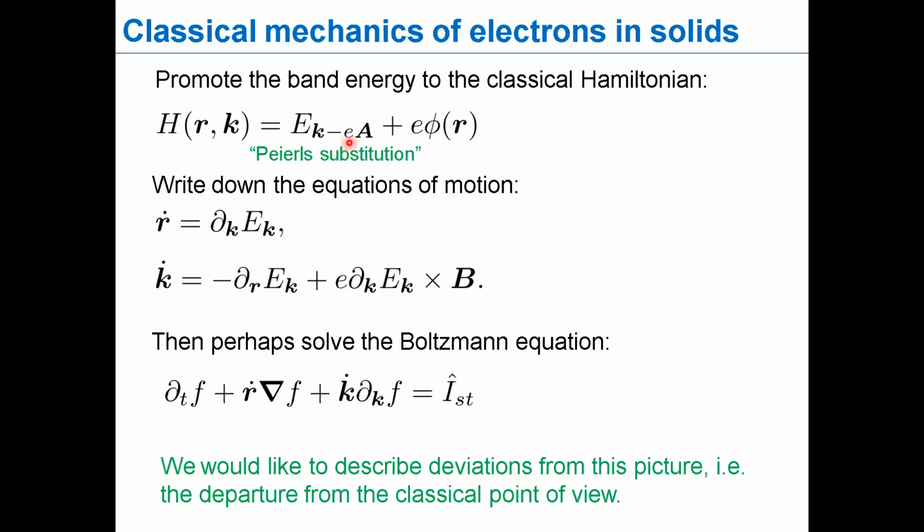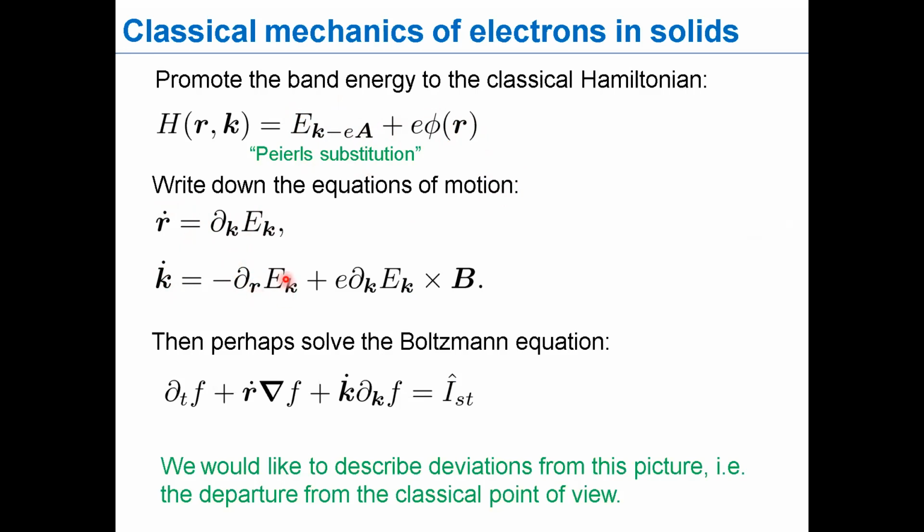Then, in the presence of electromagnetic field, we just use minimal substitution in the energy of the electron. We add scalar potential, and we can essentially write down the equations of motion for such an electron, right? So obviously, r dot is just the band velocity, and k dot, the force, contains two types of forces. One is the spatial derivative of the energy.